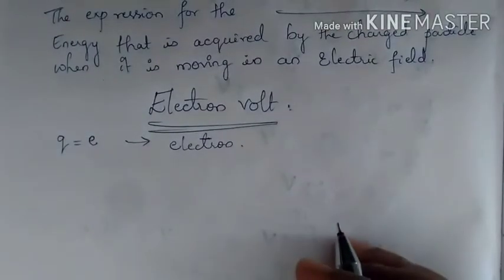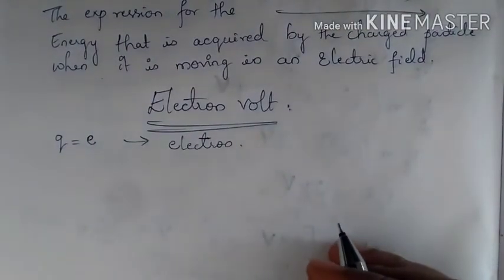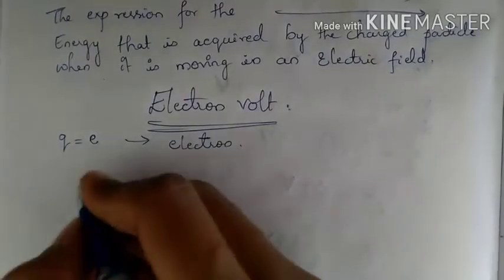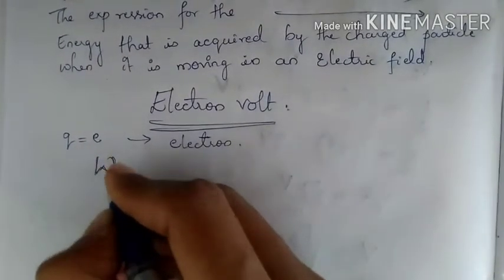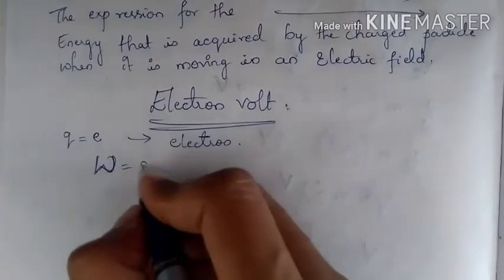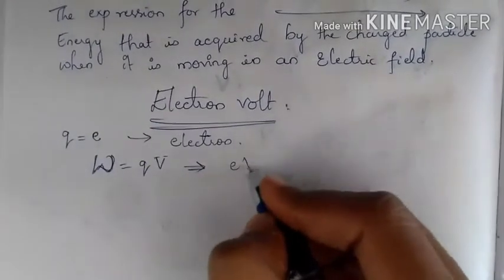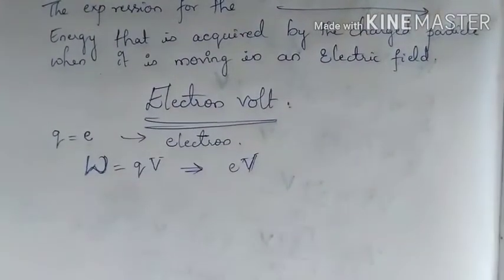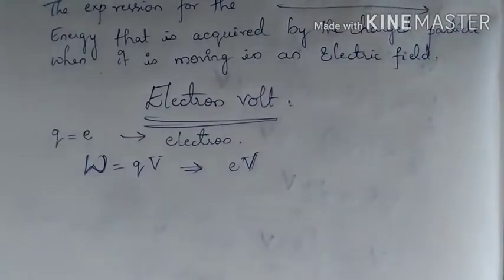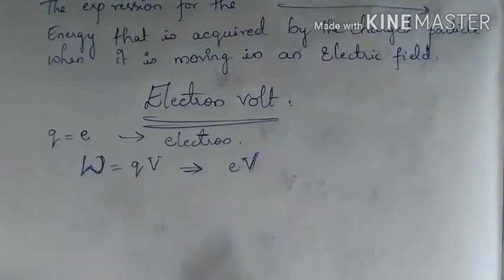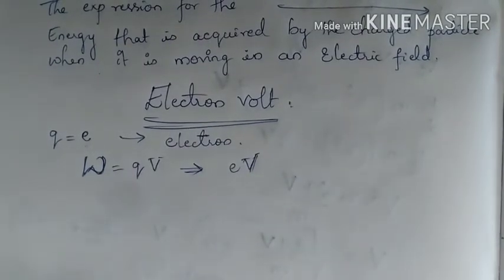Now the energy acquired by the electron can be written as W is equal to QV. Q, which I have written as e, so W is equal to eV. V is electric potential, Q is charge.